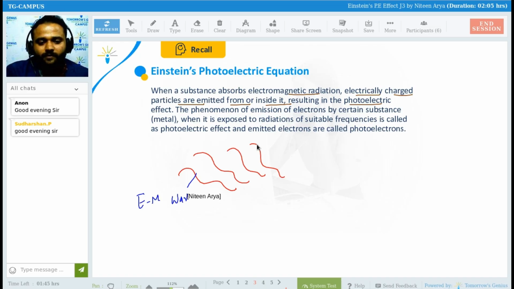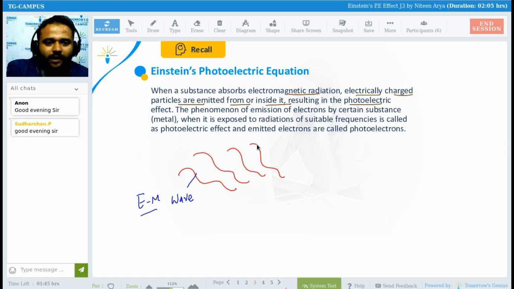What is an EM wave? Beta, an EM wave contains an electric field as well as a magnetic field combined, and they move perpendicularly, and the direction of propagation is perpendicular to both the electric field as well as the magnetic field.